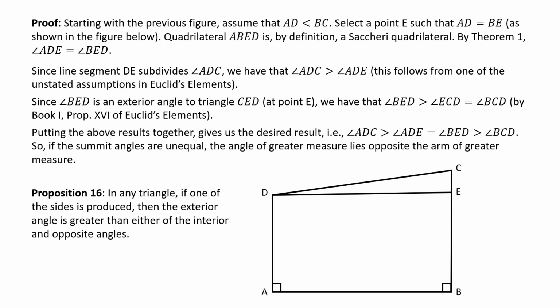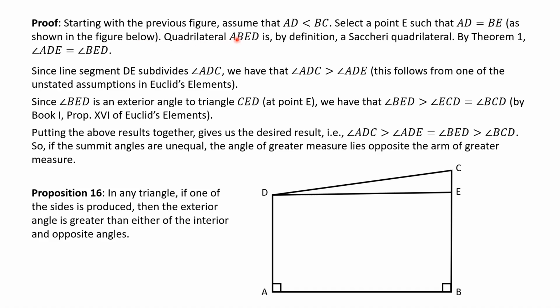The theorem on the previous slide was basically an if and only if theorem, so we need to prove it in both directions. Let's start with the case where the arm AD is less than BC, and we select a point E such that AD is equal to EB.